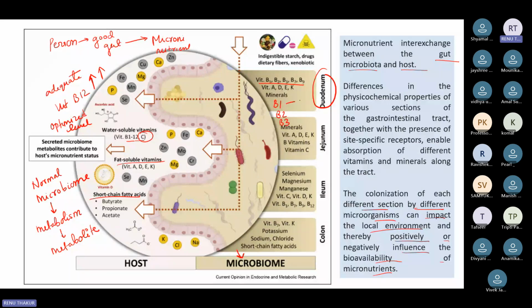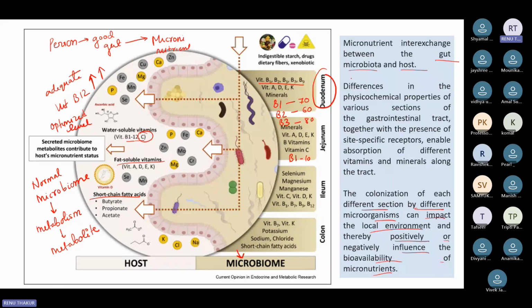Let's say B1 is 70%, B2 is 60%, B3 is 80%, and likewise. But it is not necessary that all three bacteria will be in the jejunum. If they are there, the percentage will definitely vary. If B1 is present, it will not be 70% as in the duodenum, it will be like 10%, 20%, 30%. There should be a balance, so that the duodenum synthesizes only this much metabolite, and the jejunum synthesizes only this much metabolite.